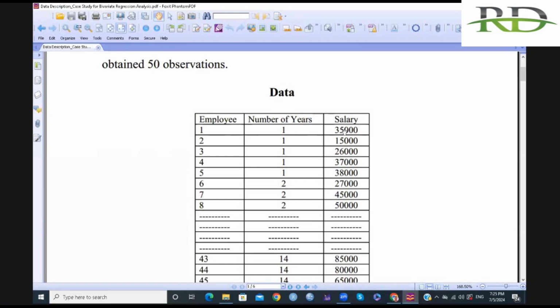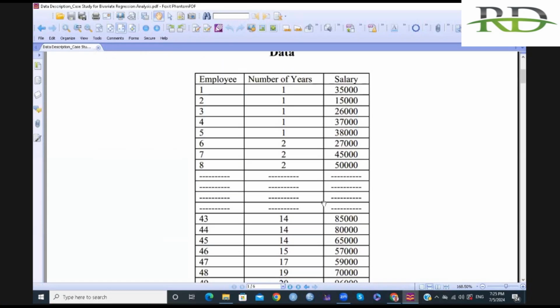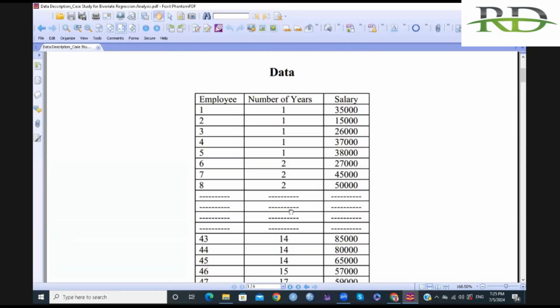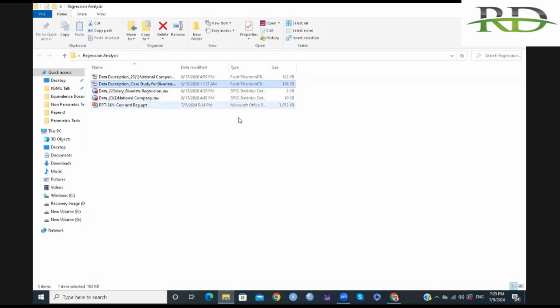So here these are the salary data, and these are the number of years of experience. So we will see that salary depends on the experience. Obviously, since it is time, it will increase. So experience is the independent variable and salary is the dependent variable. So we will be looking for the relationship between the two.